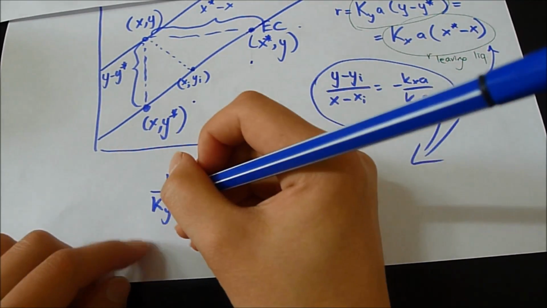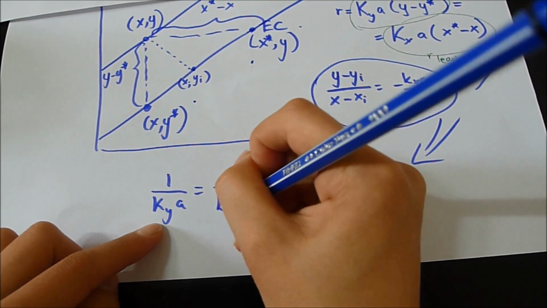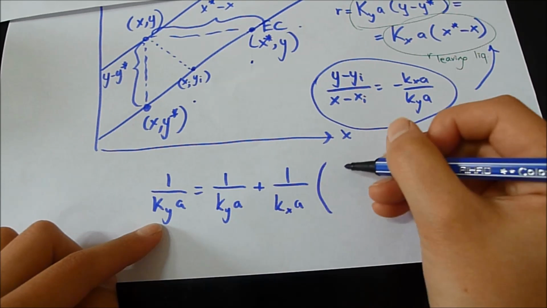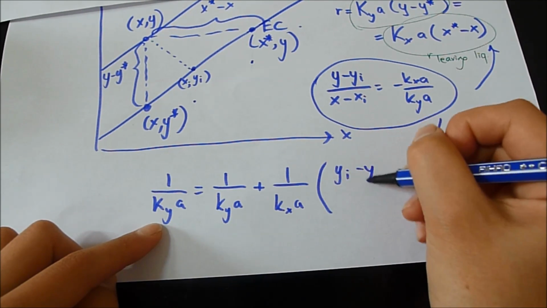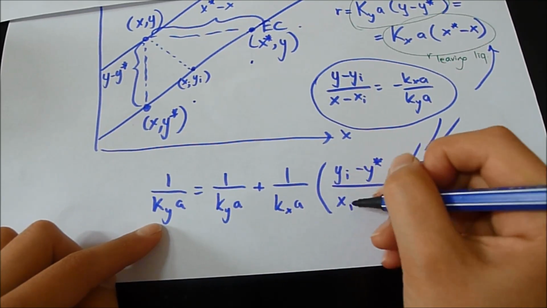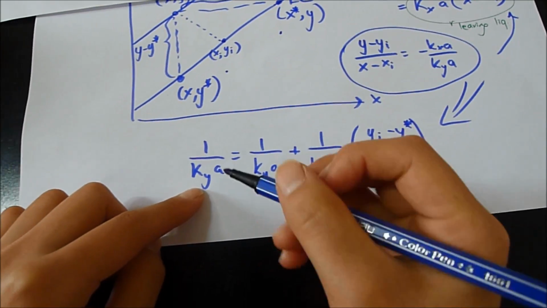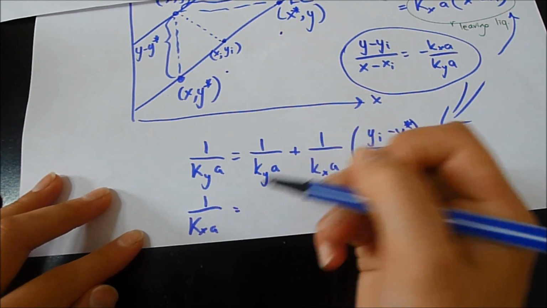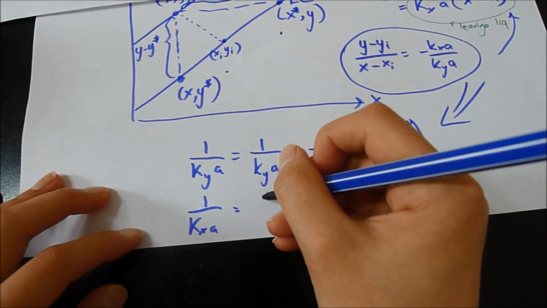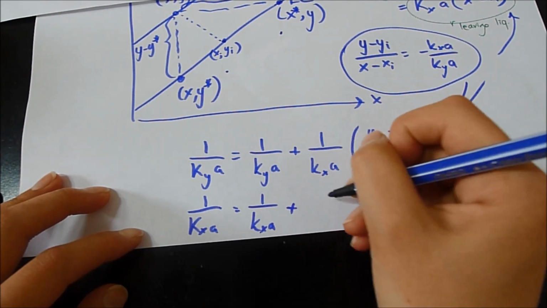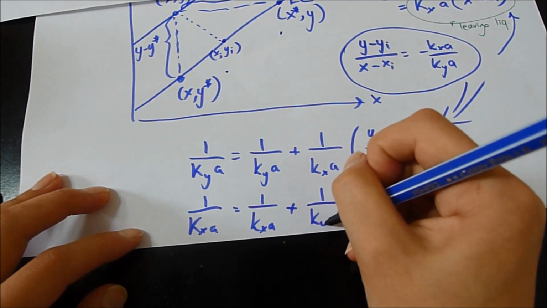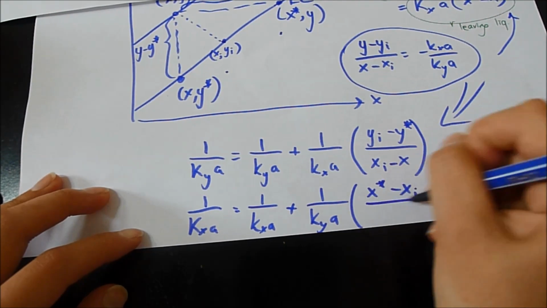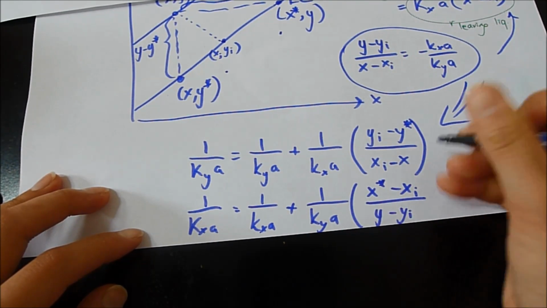1 over big Kya is equal to 1 over small kya plus 1 over small kxa times yi minus y star over xi minus x. And another equation for big Kxa: 1 over big Kxa is equal to 1 over small kxa plus 1 over small kya times x star minus xi over y minus yi.